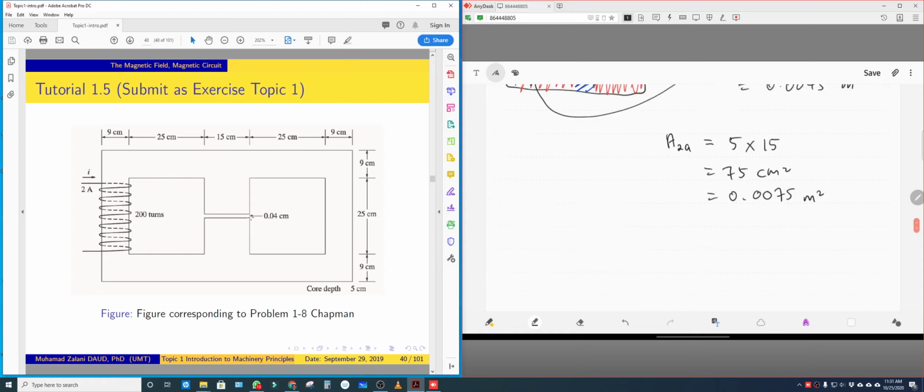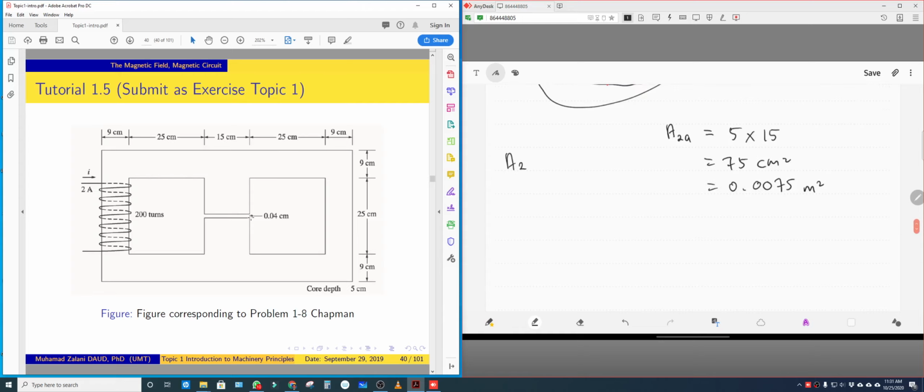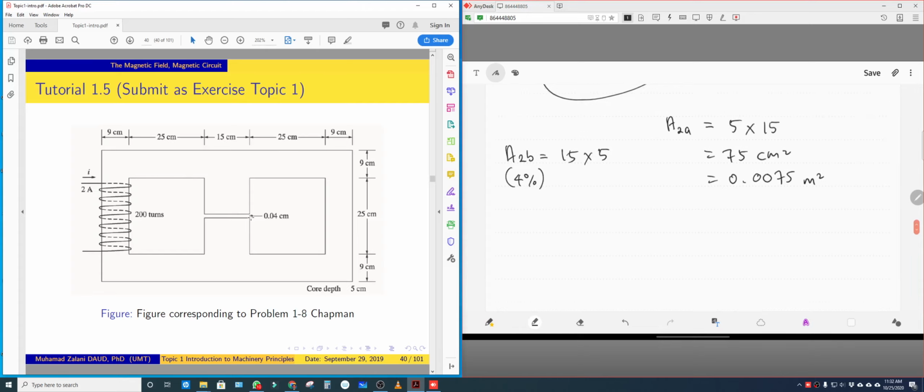Alright. Yang satu lagi A2B lah. Ini bahagian air gap yang mana ada fringing effect 4% kat situ. So sama dengan A2A juga, 15 darab 5, right?